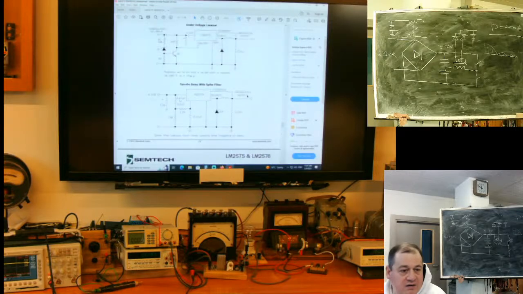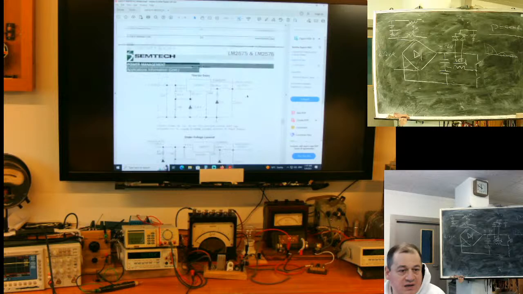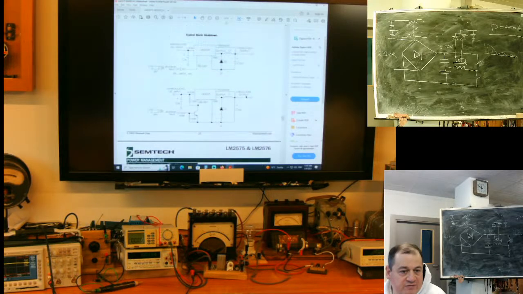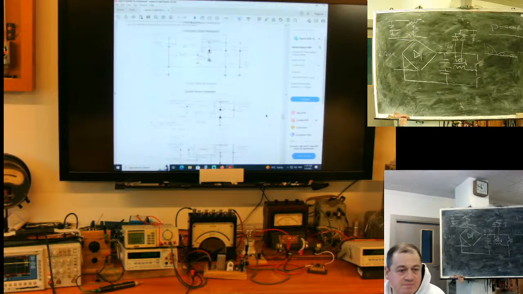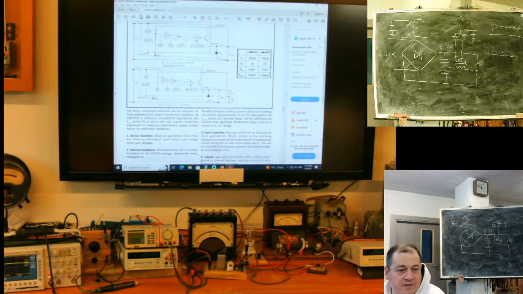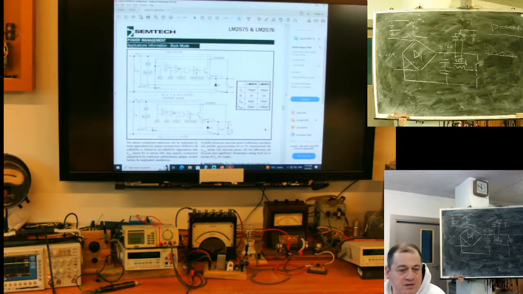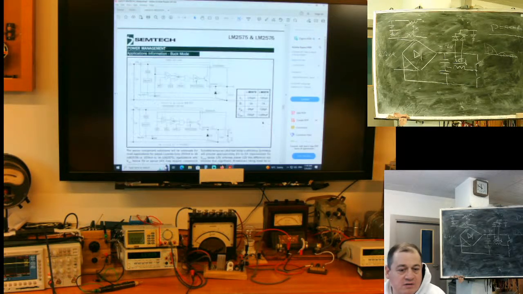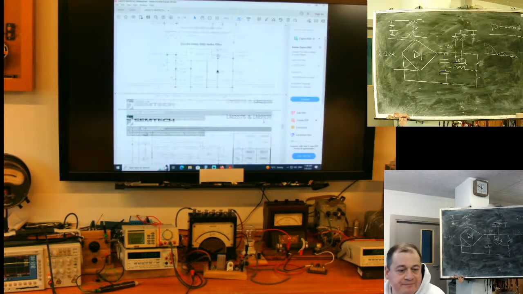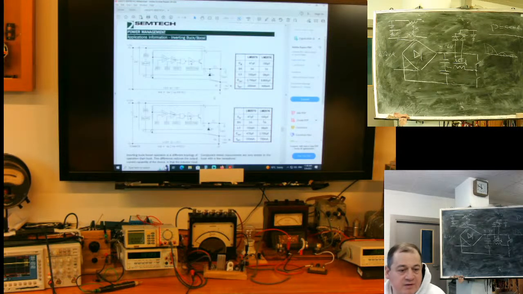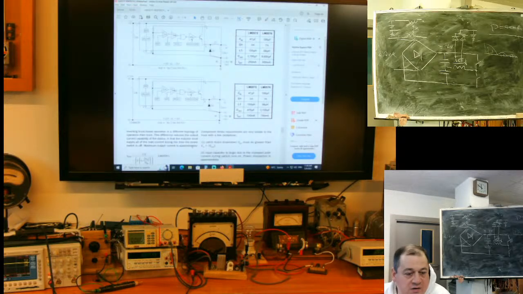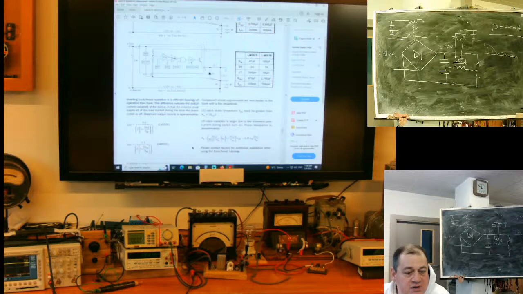And if very needed, it can act as a boost. Buck is down. Inverting buck boost, it can produce that.